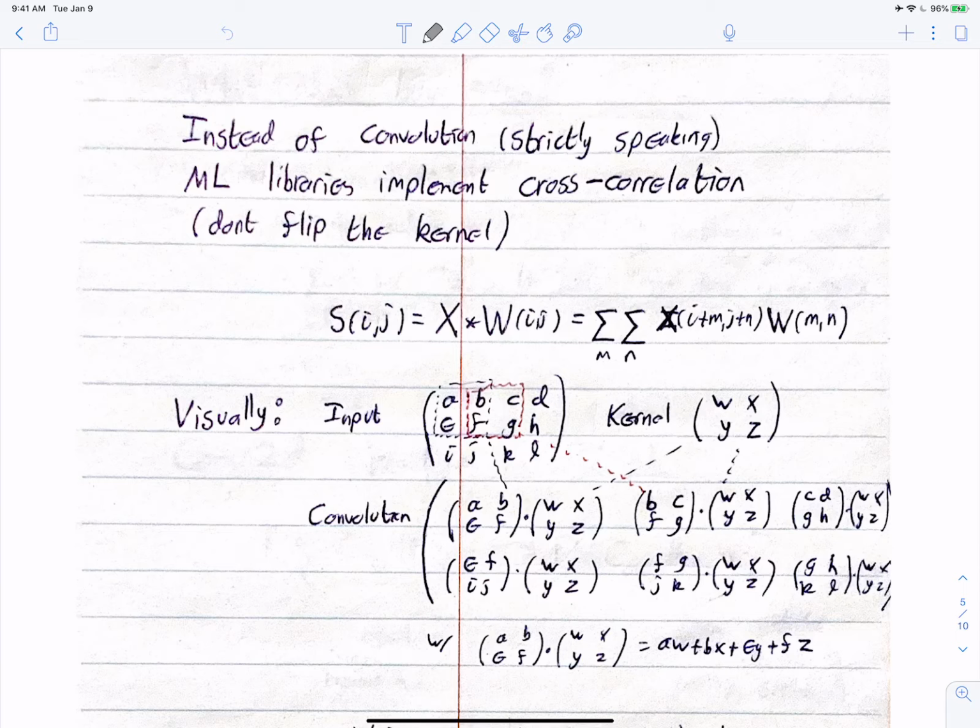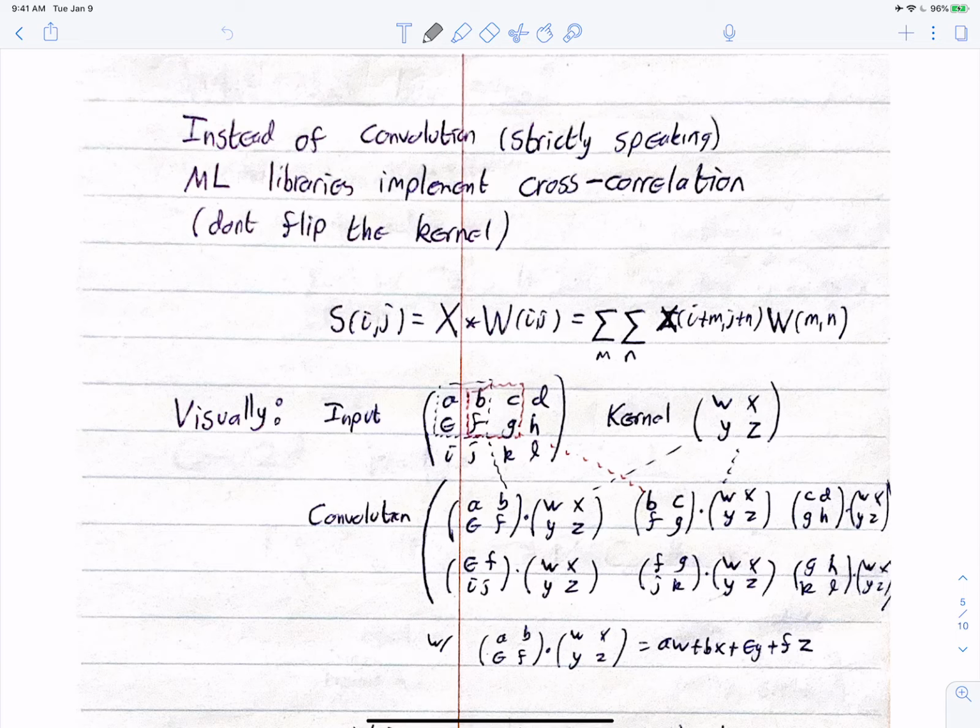Mathematically, this means that s, which is x convolved in a machine learning sense with w, is the sum over m, n of x of i plus m comma j plus n multiplied by w of m n. So this is like taking the kernel w and exactly translating it without flipping it.